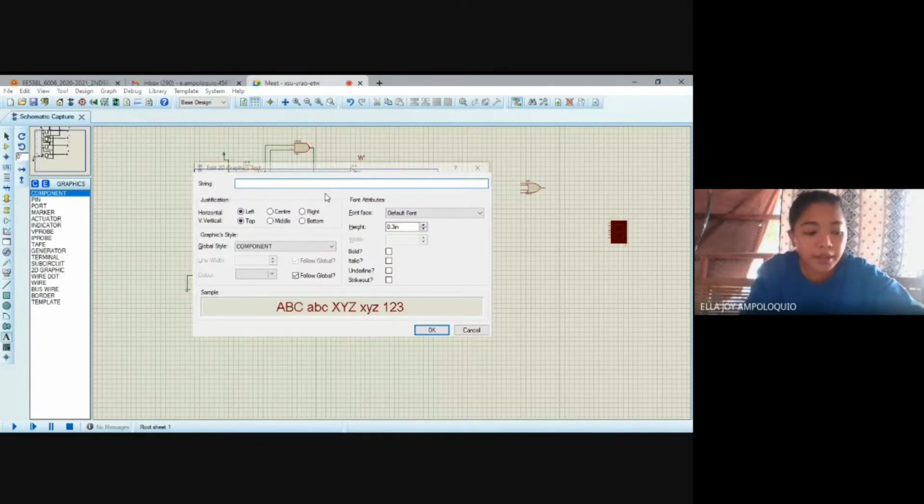So for example, the equation for letter A is: A is equal to W prime Y plus X prime Y prime Z prime plus W prime X Z plus W X prime Y prime.